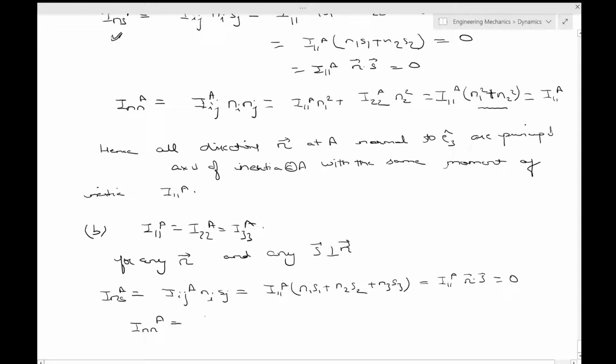And I n n of A will be equal to Iij of A n_i n_j. This would be equal to I11 of A times (n1 squared plus n2 squared plus n3 squared), which equals I11 of A. Okay, because we'll just take the terms common over here.